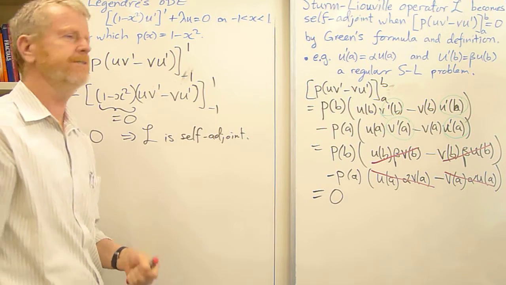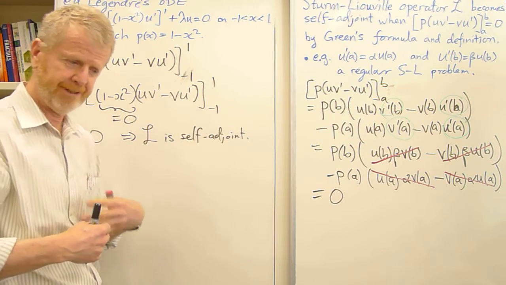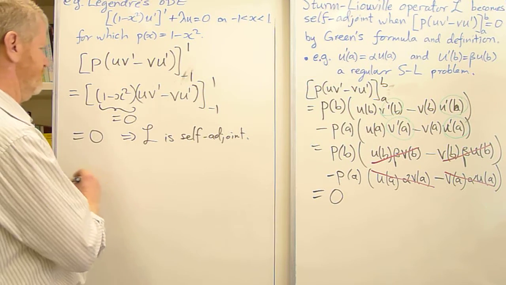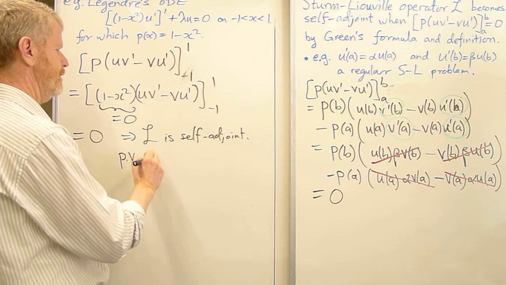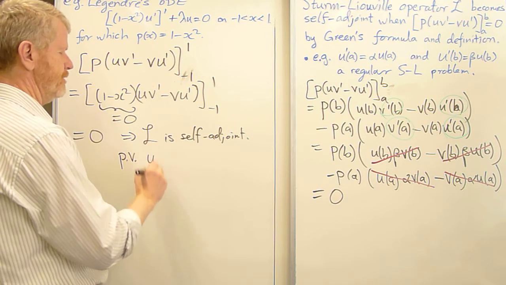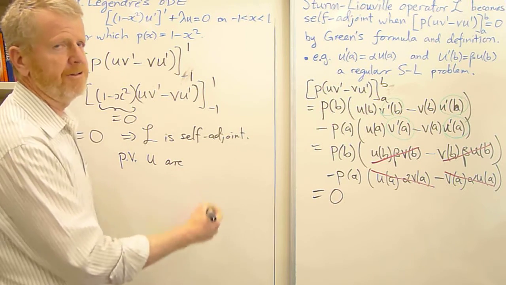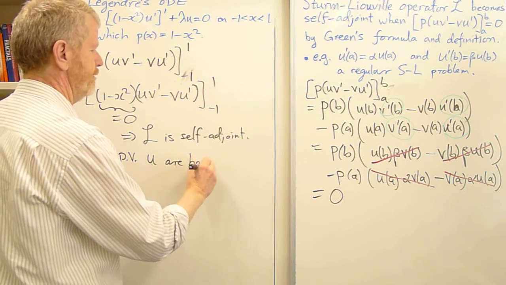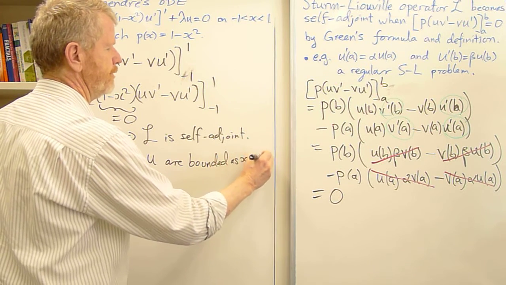And that boundedness is effective boundary conditions on u and v because it excludes the infinite ones. So L is self-adjoint provided functions u and v are nicely behaved, say bounded as x goes to plus or minus 1.